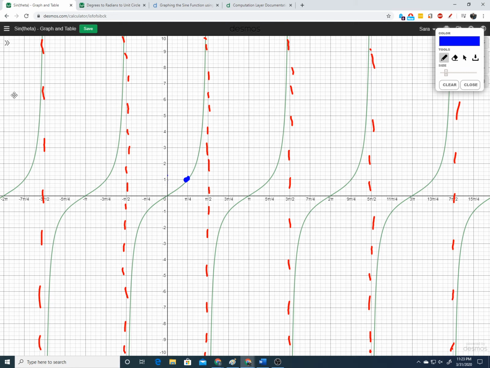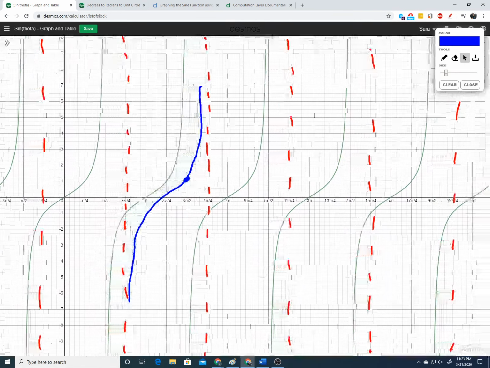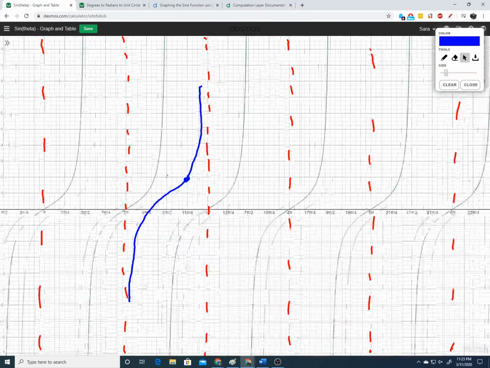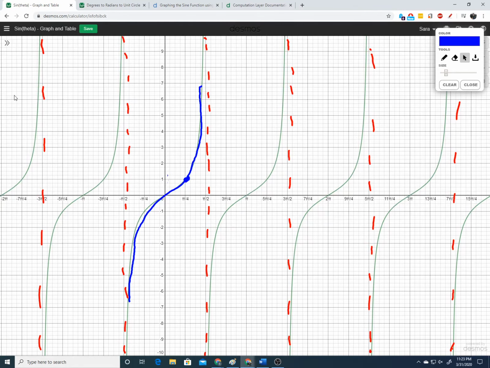The part that I really want to focus on, though, is, do you see that if I draw in a function and find how often that function repeats itself, it does not repeat itself every 2 pi.